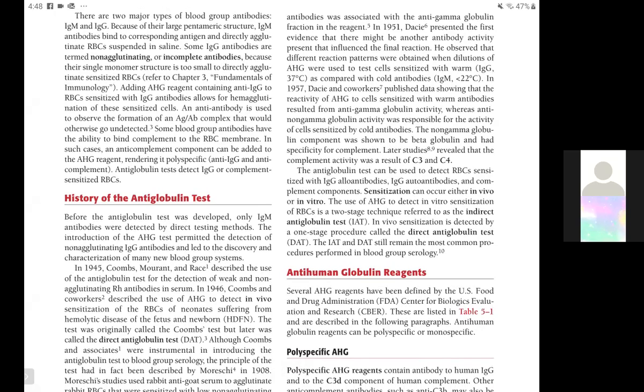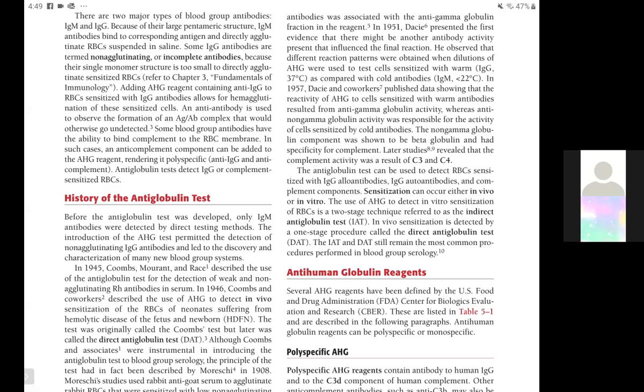But if the cells were coated with cold antibodies, IgM, which are reactive at less than 22 degrees centigrade, then a different pattern would be noted. This would be because the IgM antibodies also activate the complement. And this non-gamma globulin component was shown to be beta globulin and had specificity for complement.